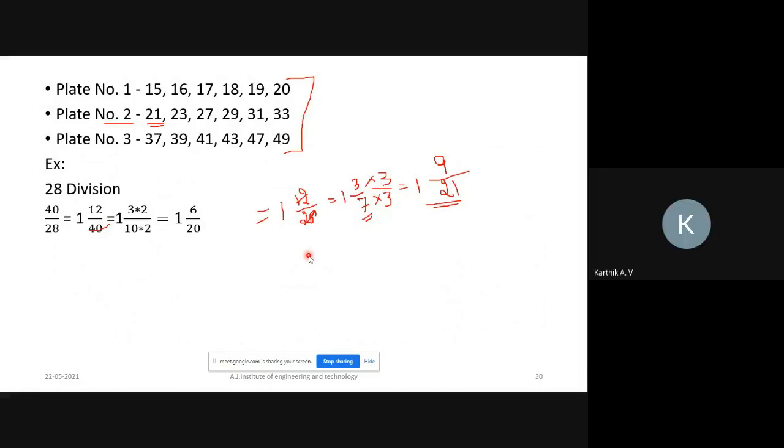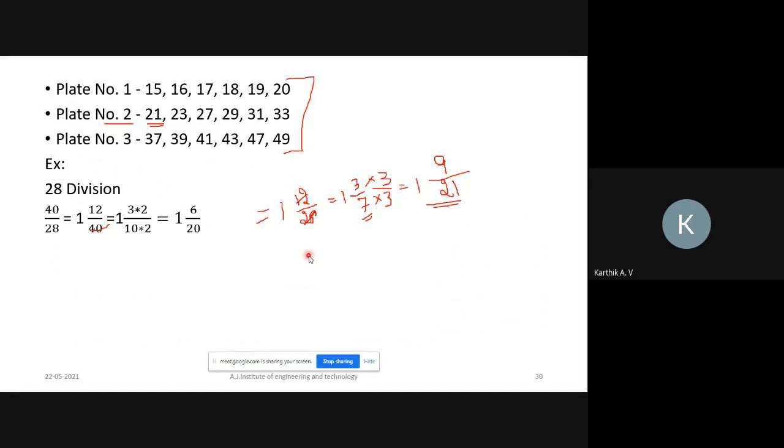Okay, so one more example, you just solve. 32 divisions. Solve and tell me the answer. 40 divided by 32.